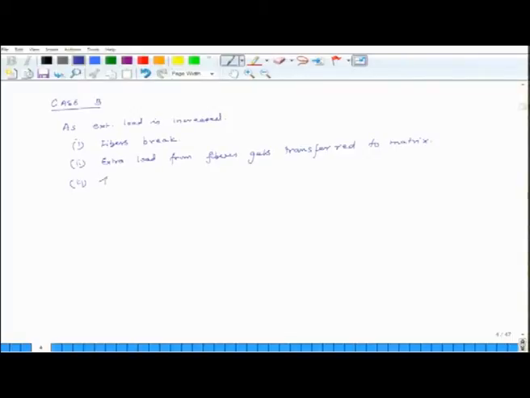Third, this increase in matrix load is so high that matrix cannot absorb it.